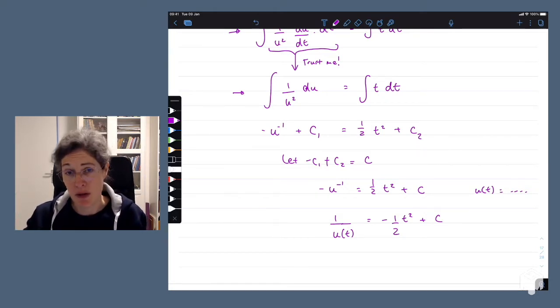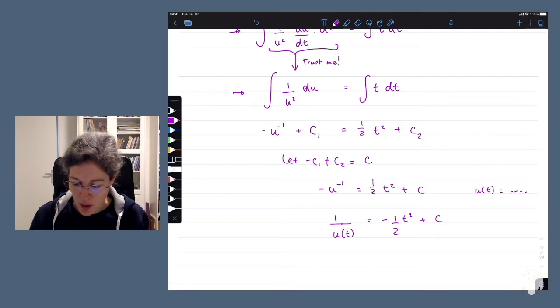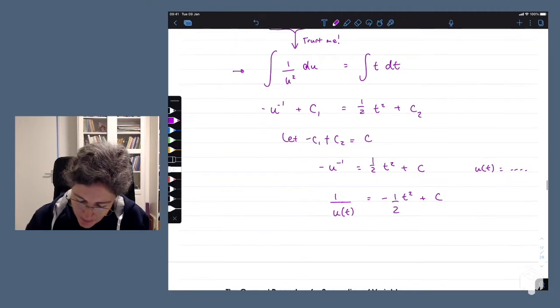Again, it doesn't matter because it's an arbitrary constant. This is the kind of frustrating thing that will often happen when you're working with constants like this. So long as you keep a constant, that's the key thing. And then finally, let's flip this upside down.